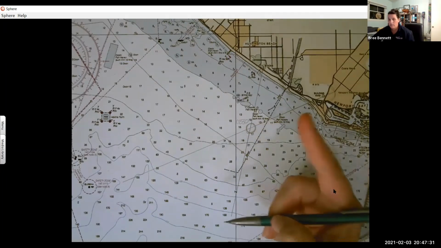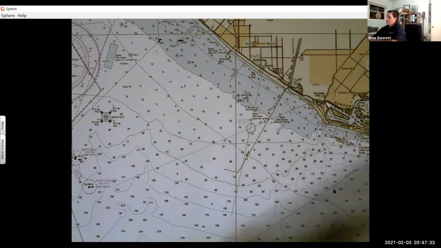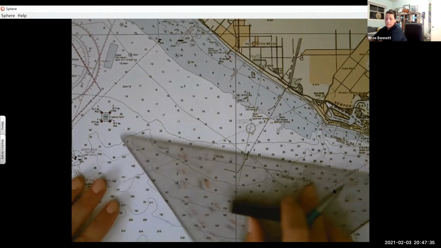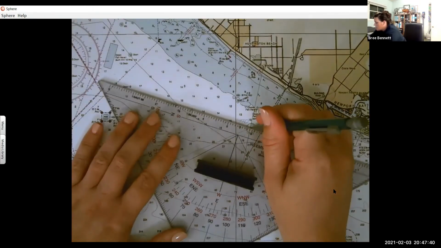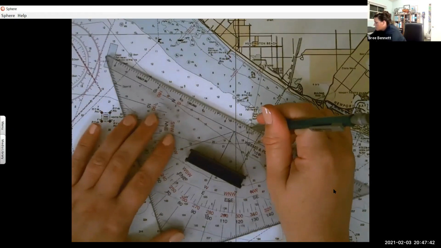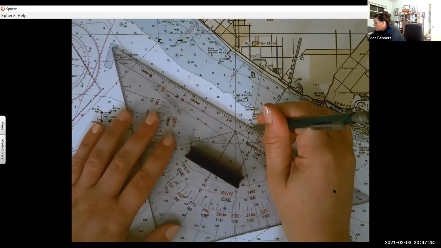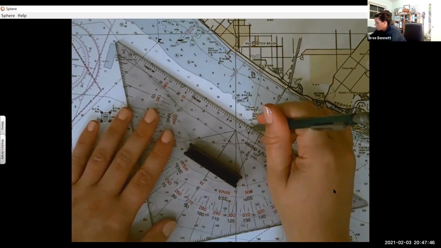Then I also want to plot my heading. My heading is 340. So I'm going to put my pencil there and find 304, excuse me, 304.